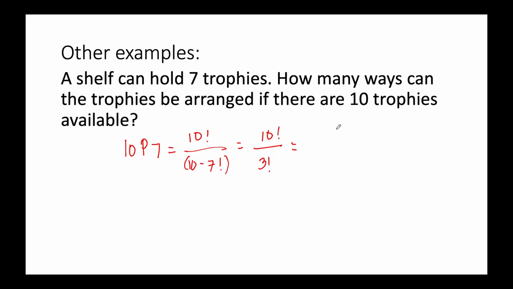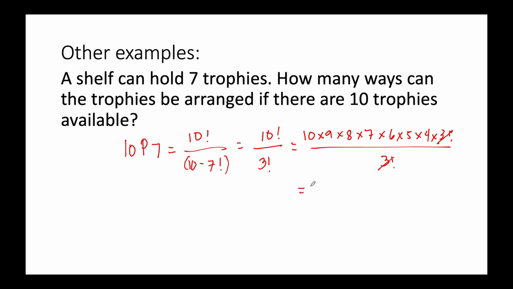You can just simply use your calculator to evaluate this or simply expand. So that's 10 times 9 times 8 times 7 times 6 times 5 times 4 times 3 factorial all over 3 factorial. Then, use your calculator to evaluate the following.